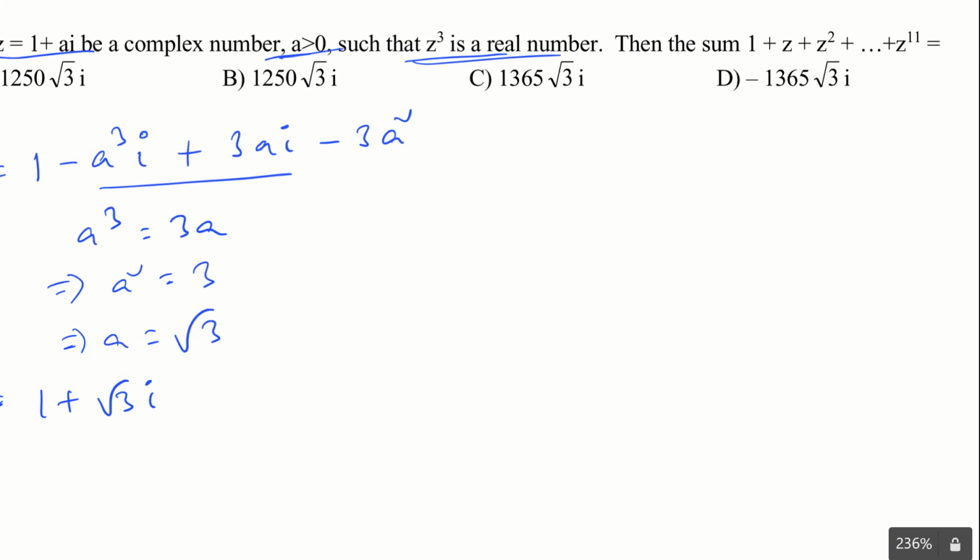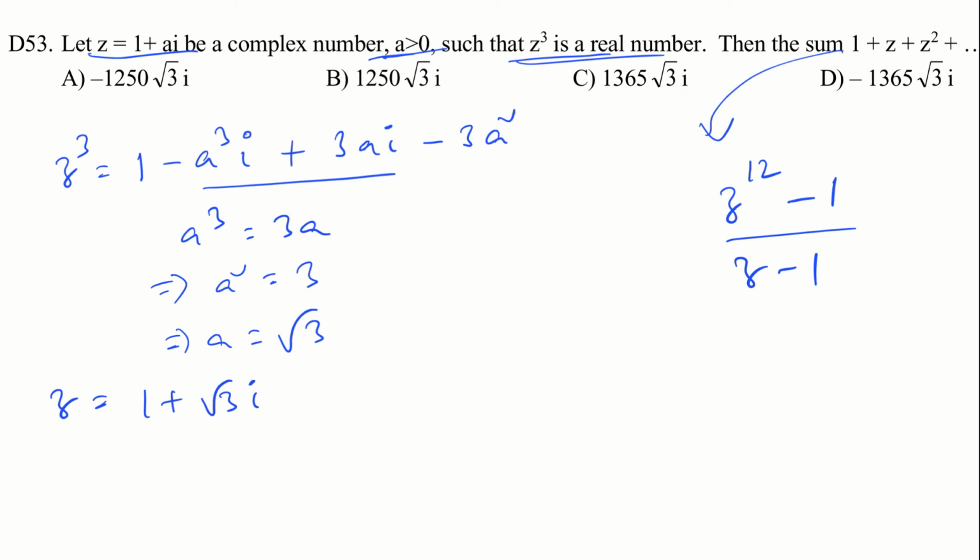Now this is the sum we have to find. You can see that the sum is nothing but GP sum. It is nothing but z power 12 minus 1 by z minus 1. Now let us see what is z power 12. We know that to handle powers we usually go for De Moivre's theorem. So to go for De Moivre's theorem, I put it in mod amplitude form: 2 into 1 by 2 plus root 3 by 2 into i. You can see that this is 2 into cos 60, that is pi by 3, plus i sin pi by 3.